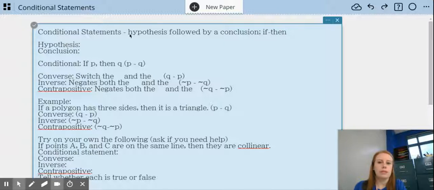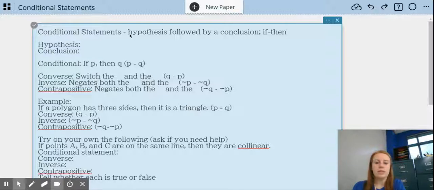So normally it is if the hypothesis, then the conclusion. An example might be: if you make a good grade on the test, then you make a good grade for the 6 weeks, or something to that effect. Does that make sense?